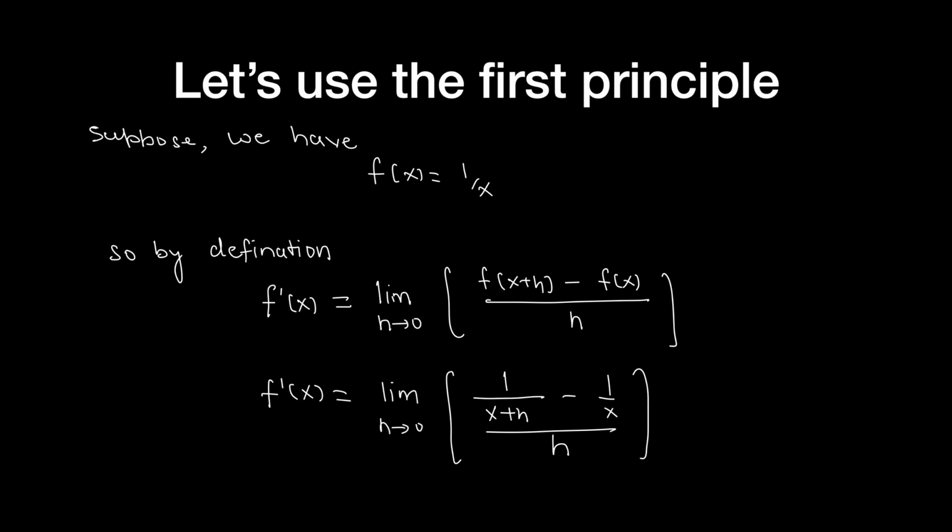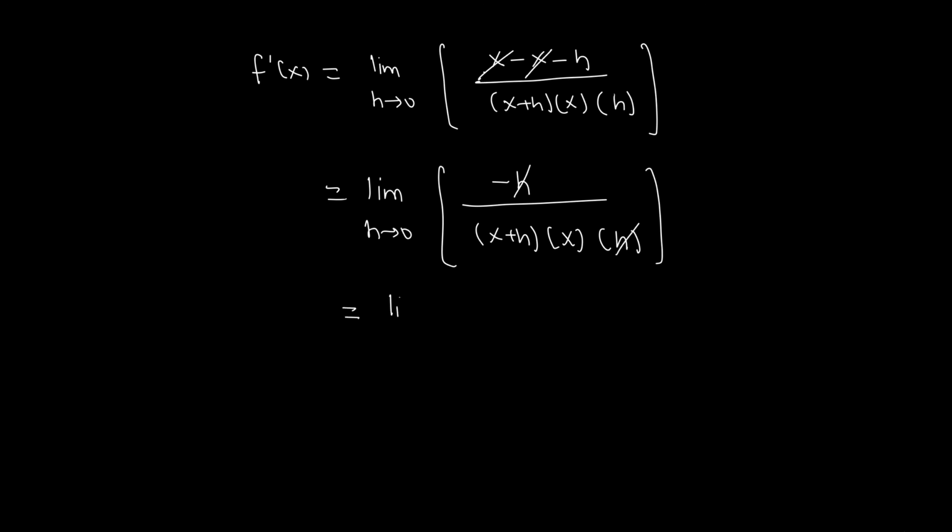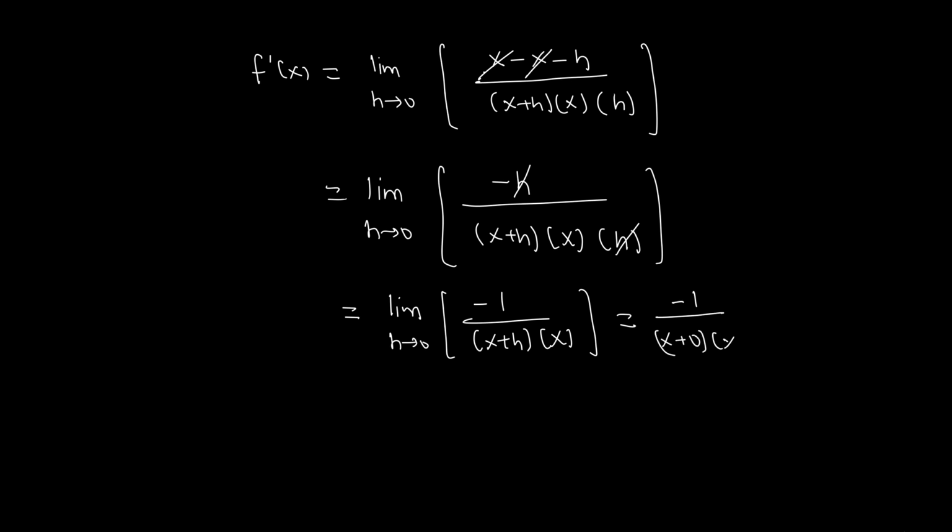x, divided by h. So f dash x equals limit h approaches 0 of x minus x plus h upon x plus h into x into h, where x and x cancel out, limit h approaches 0 of minus h upon x plus h into x into h, where again h and h cancel out, limit h approaches 0 of minus 1 upon x plus h into x, and here we go, minus 1 upon x plus 0 into x equals minus 1 upon x squared.